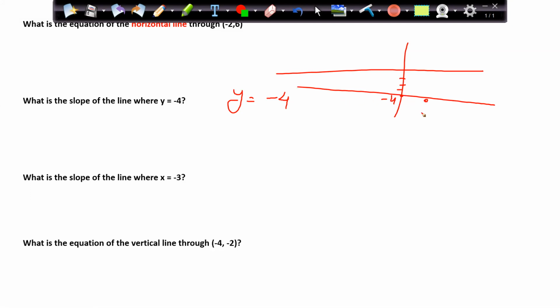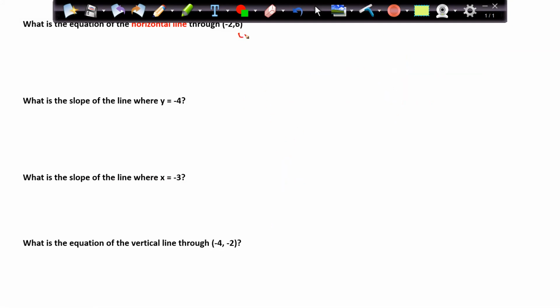So slope is 0. What is the slope of a line when my x is equal to -3? My x will always be -3. So slope is still 0. So here the equation is y equal to 6. Here the slope is 0. Here the slope is 0.